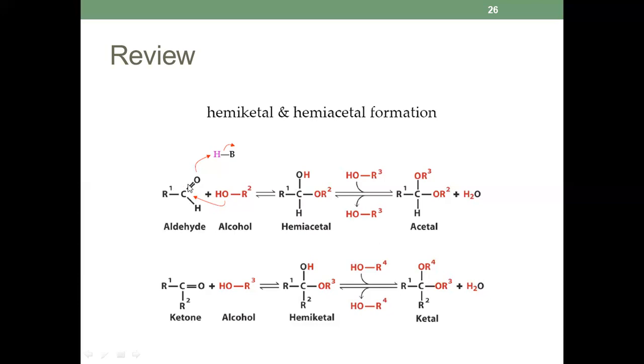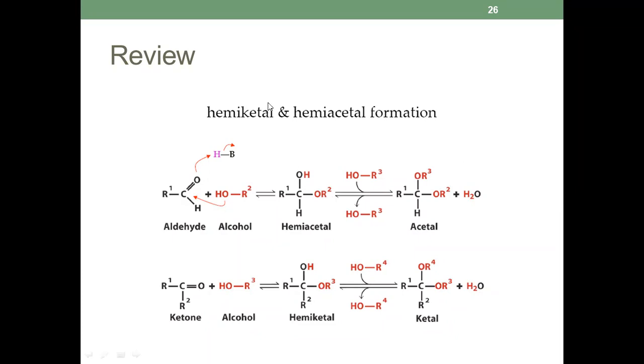From the aldehyde you form an alcohol, and from the alcohol here you form an ether, C-O-R, C-O another carbon. This is what we call the hemiacetal. When you have your OR and OH, you form a hemiacetal.